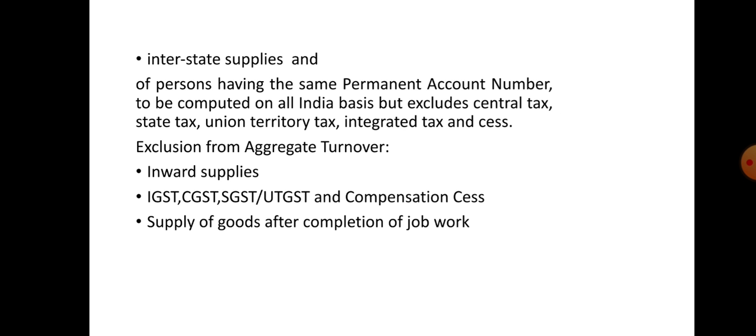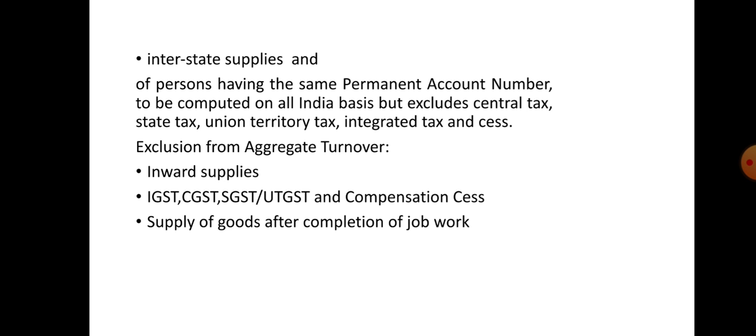So these supplies are included in the aggregate turnover. And interstate supply of the persons having the same permanent account number, that is, a person having a PAN number, is included in the interstate supplies in the aggregate turnover.